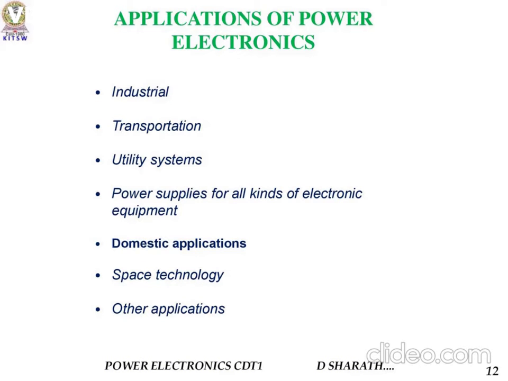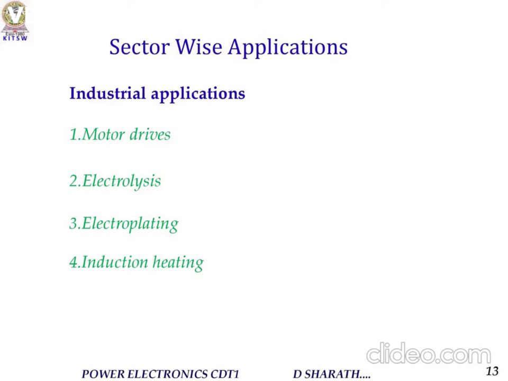So power electronic devices have varied applications in industrial, transportation, utility systems, power supplies for all kinds of equipment, domestic applications, space technology, and some other applications. Coming to industrial applications, in industry, power electronics is used for motor drives, electrolysis, electroplating, and induction heating.